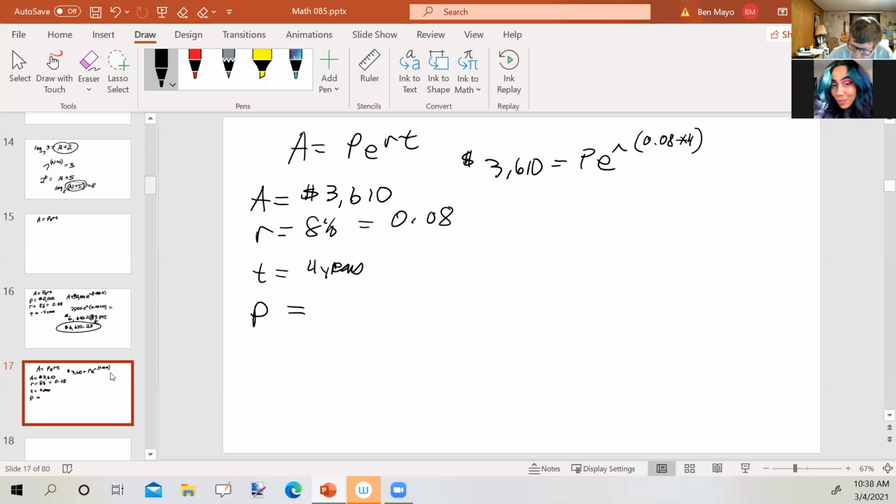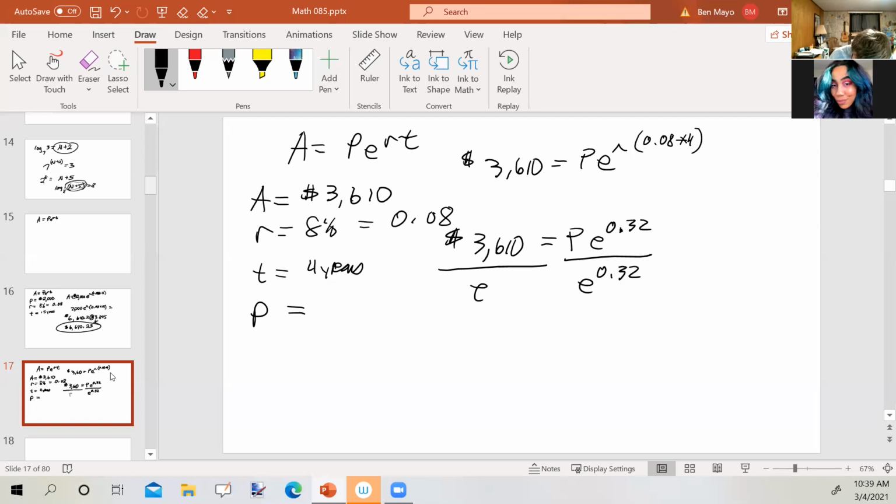I need to solve for P. So in this case, I'm going to predetermine 0.08 times 4, which is 0.32, okay? To solve for P, I'm going to divide both sides of the equation by e to the 0.32 power.